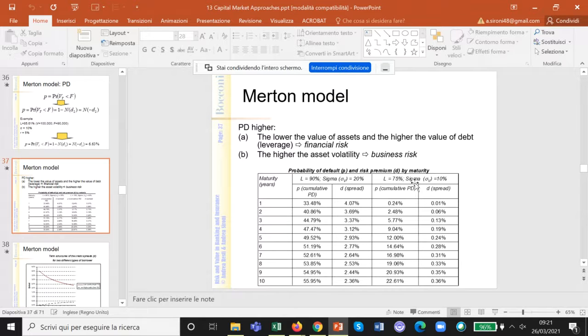As you can see, here the PD and the spreads are much lower, because there is much lower financial risk and business risk. But basically, you can use the model to compute the PD and the equilibrium spread.